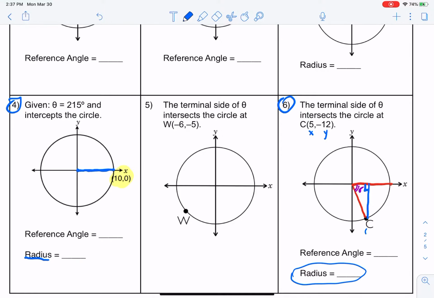I know that C intersects at (5, -12). One thing I should think about is, well, if this horizontal distance here is 5 and the vertical distance is -12, what can I use to find that missing side?